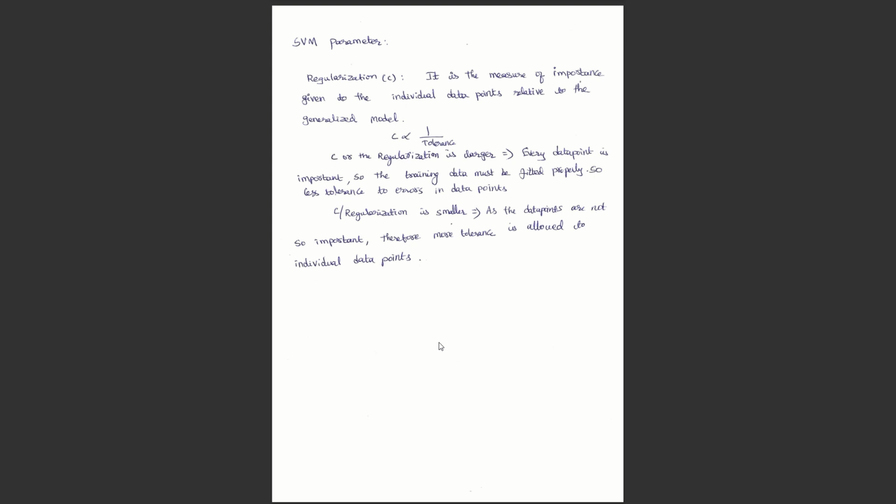That is, if the regularization is larger, then every data point is important, so the training data must be fitted properly, and there is very little tolerance to errors in the data points. But if it is small, then the data points are not as important, and therefore we can have more tolerance. So it is inversely proportional to the tolerance.